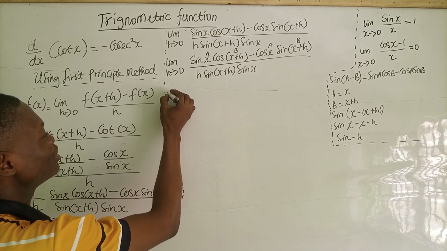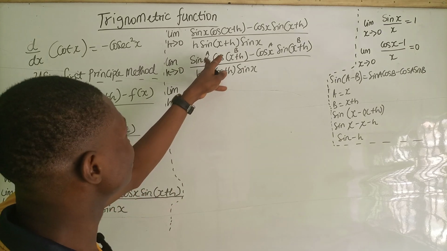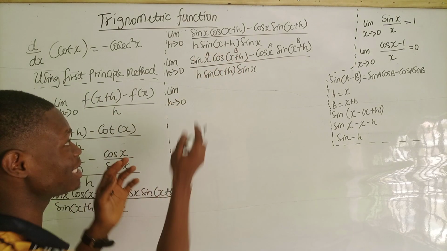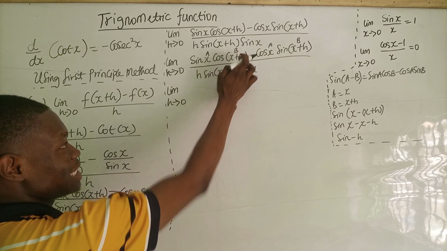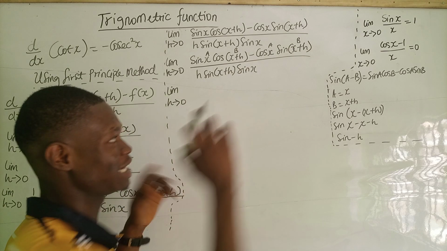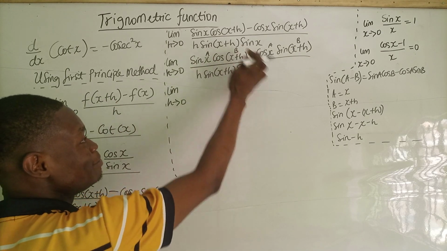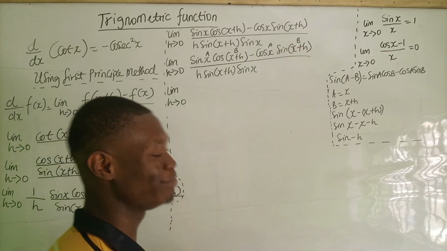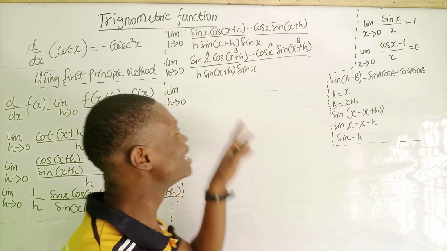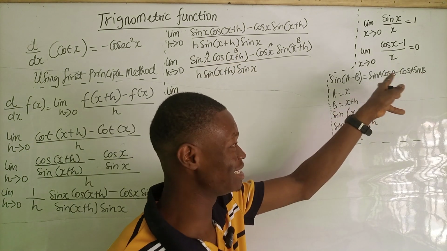So we are going to have the limit as h approaches 0. Let's take this x as A, and take this x plus h as B. So what we are seeing now is sine A cos B minus cos A sine B. Just relax your brain and see what you'll be seeing now.